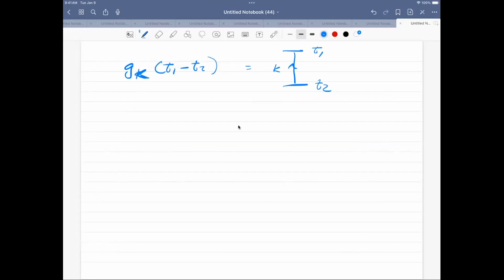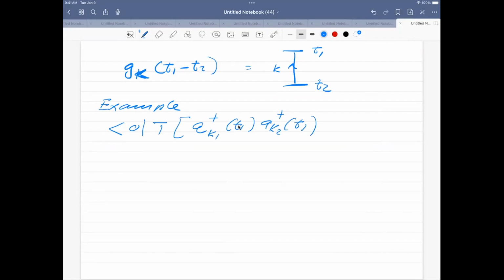So one of the things which we can also define, if we now have a contraction of, so this is a new example here. If we have a contraction like this of a time-dependent product of an A of, let's call this K1 dagger, that's T1, and then I have an A of K2 dagger at the time T1. So these are the same times, but we have different K values.